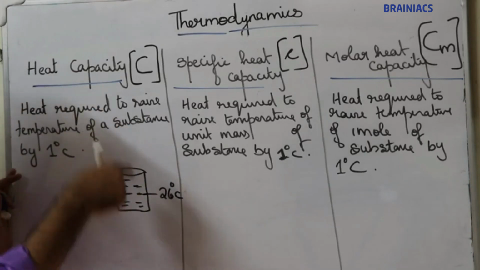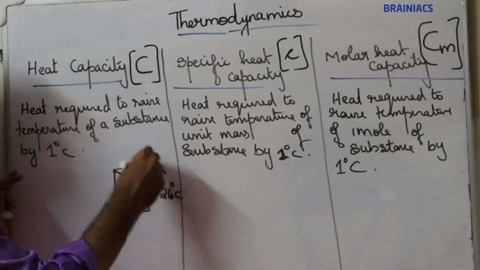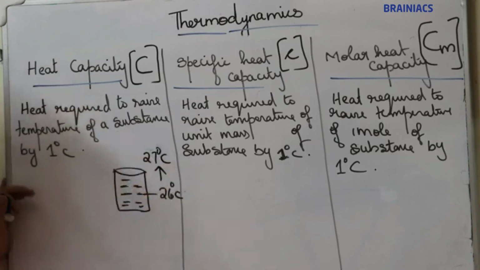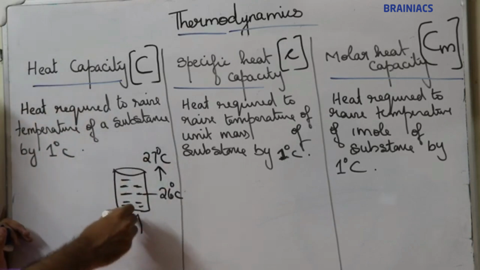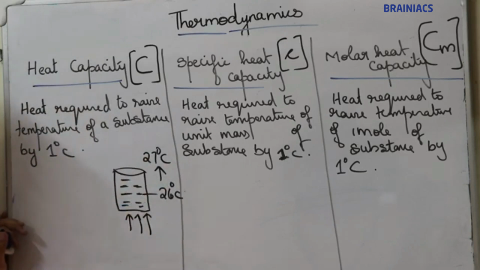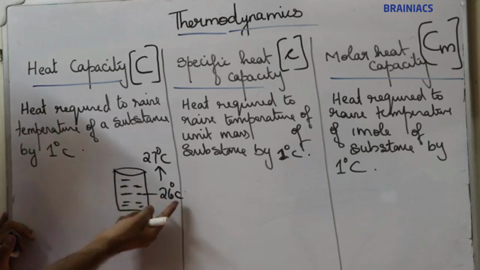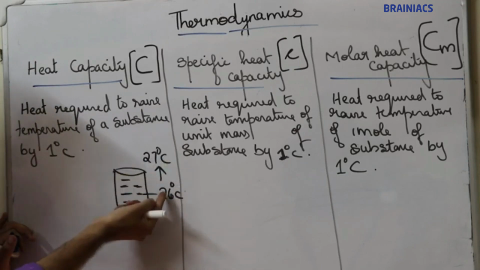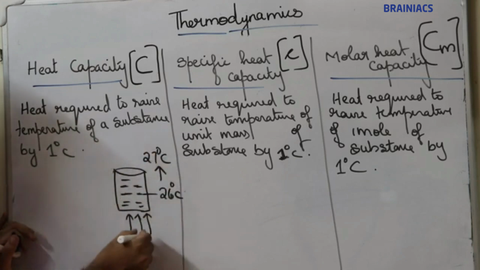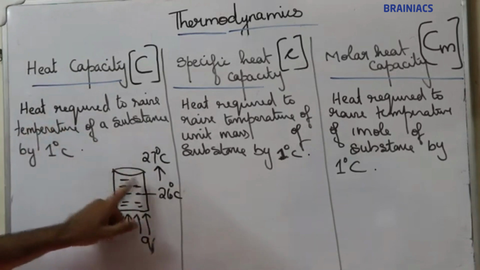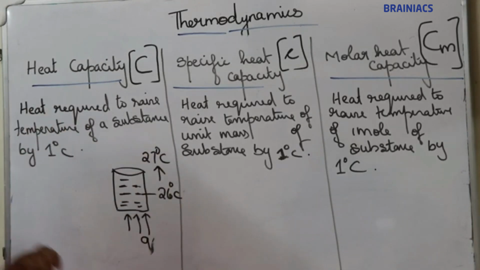To increase this from 26 degrees Celsius to 27 degrees Celsius, we have to supply heat energy, right? So the heat required to raise the temperature of a substance by 1 degree Celsius is known as heat capacity.